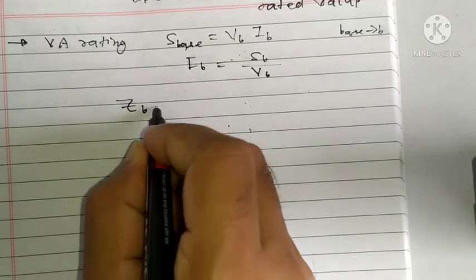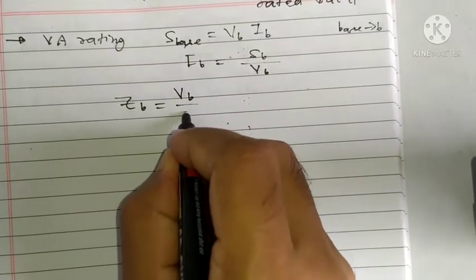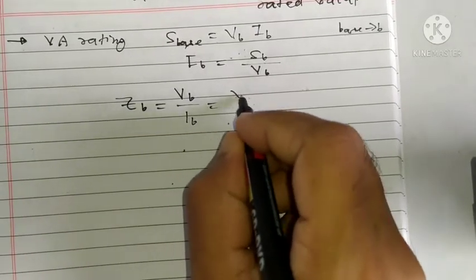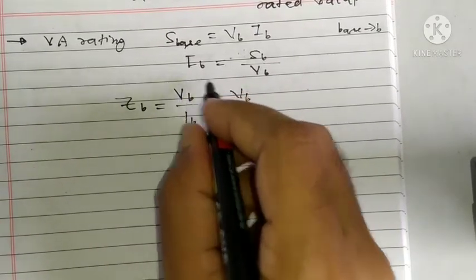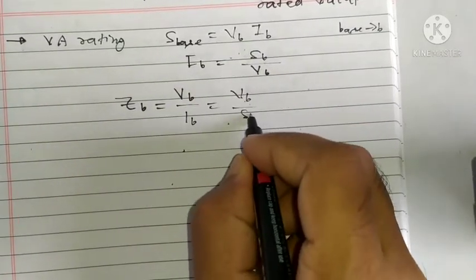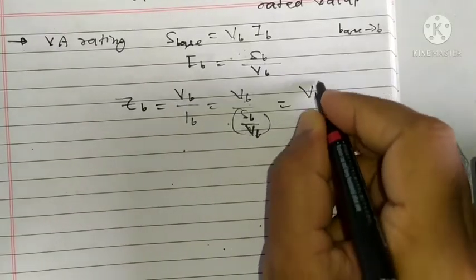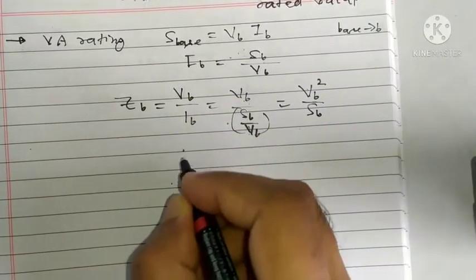What is impedance? Z base impedance will be V base by I base. I can write it as V base by, what is I base? I base can be kept from here. So I base is S base by V base. So it is V base square by S base.